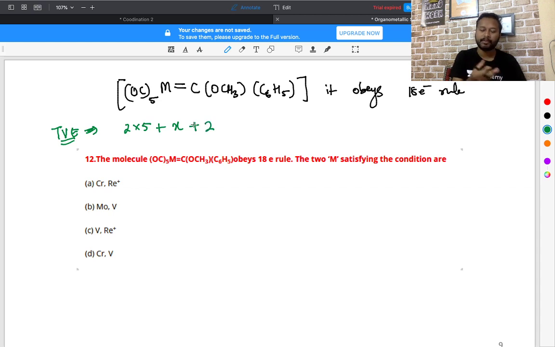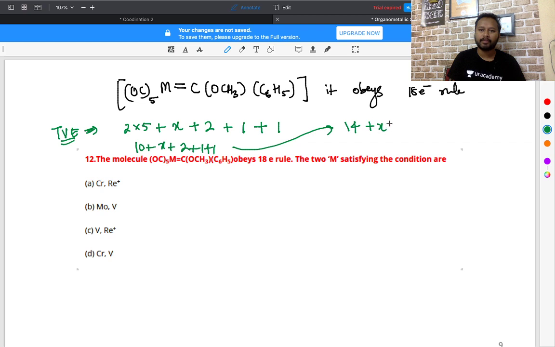OCH3 is a ligand again, so this will give you 1 electron, and this C6H5 will again give you 1 electron. So if you add all these, you get 10 plus X plus 2 plus 1 plus 1, so overall you will get 14 plus X.